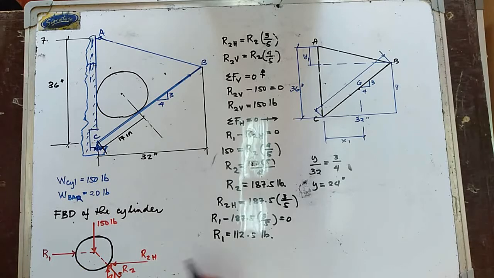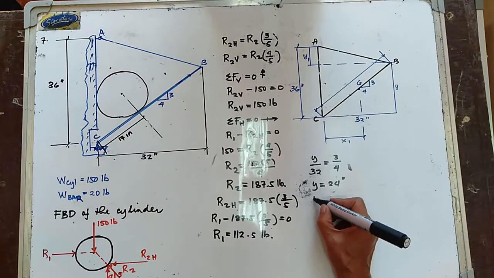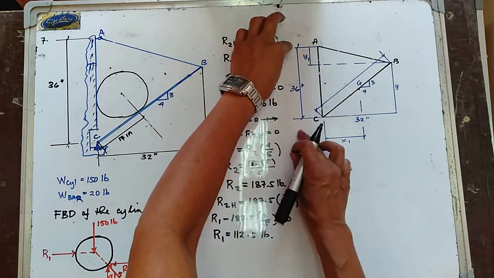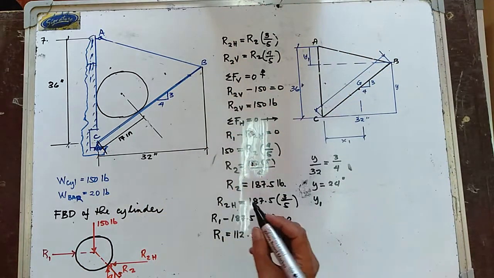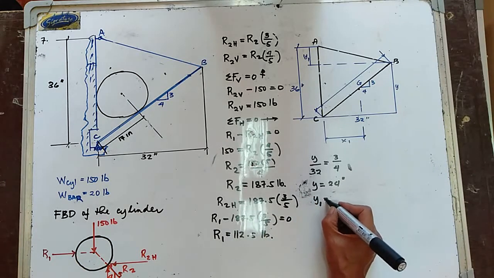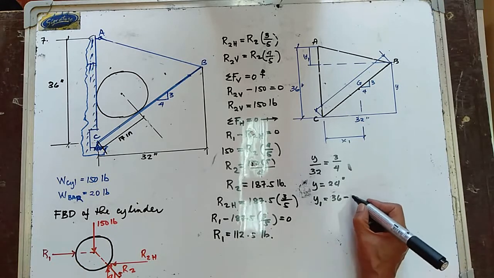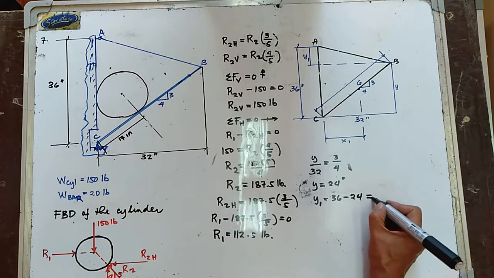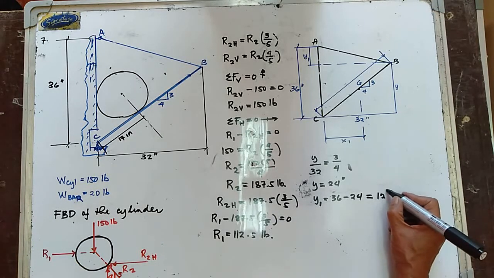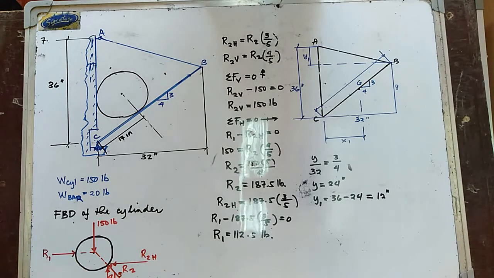Let us try to determine the value of y1. So this is your y1. It is 36 minus y, that is 36 minus 24, which is equal to 12 inches. Now, let's determine the length BC.